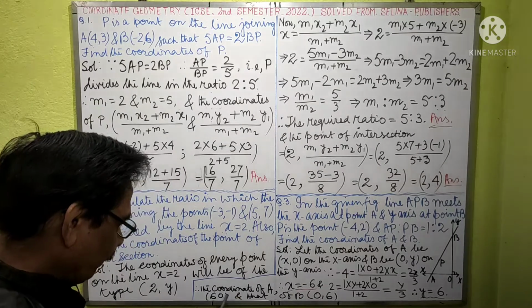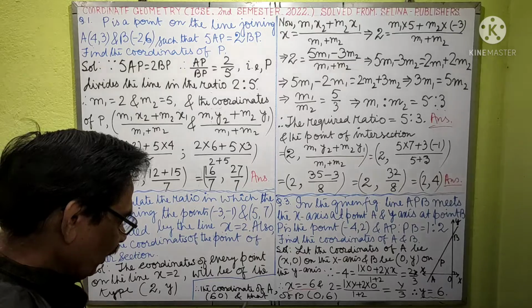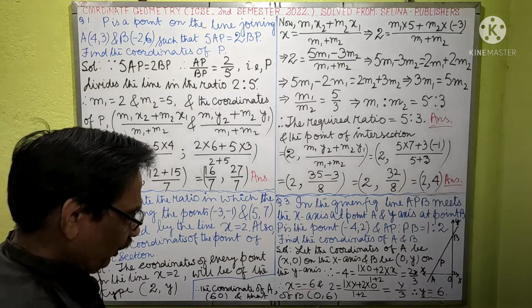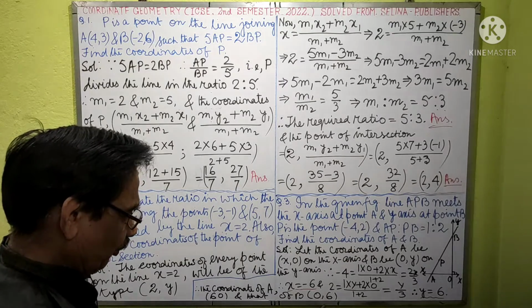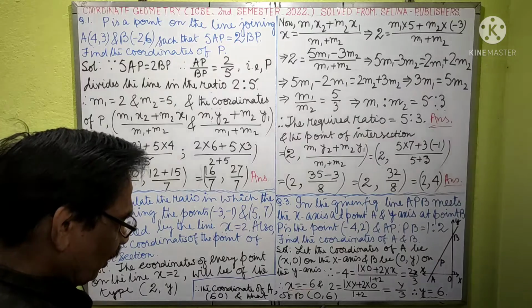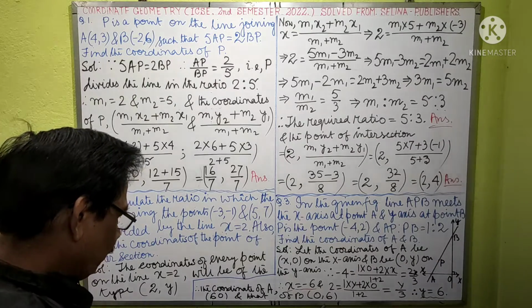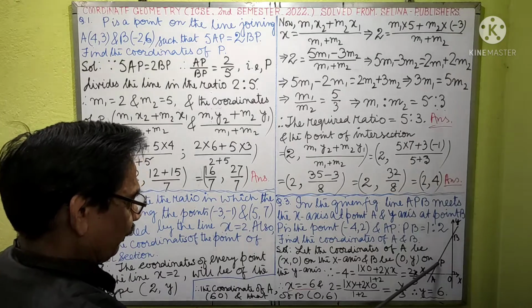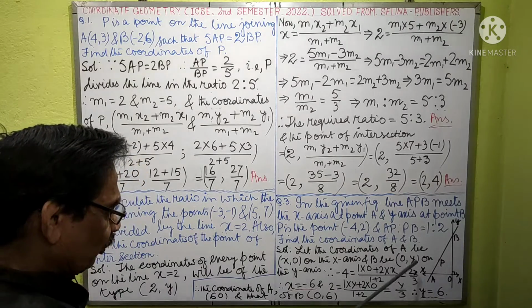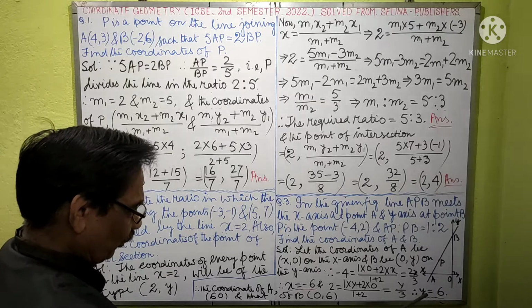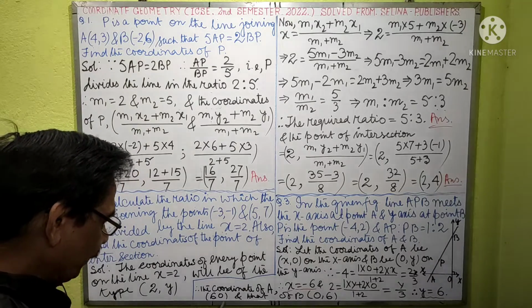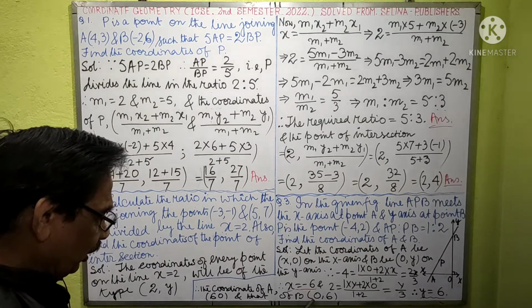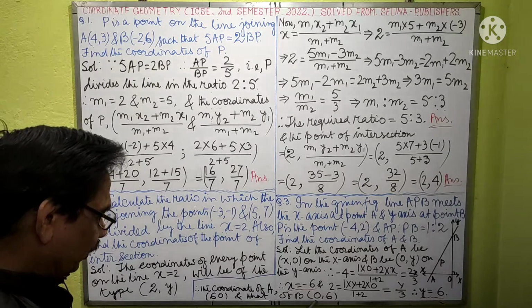Therefore the coordinates of A are (-6, 0) and those of B will be (0, 6). So we have got the coordinates of A and B.